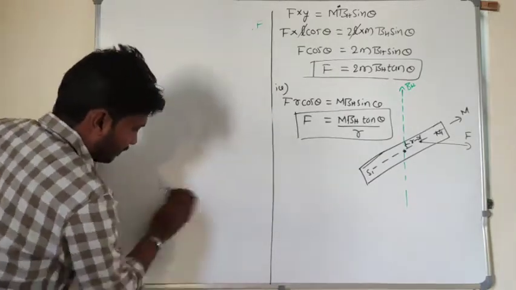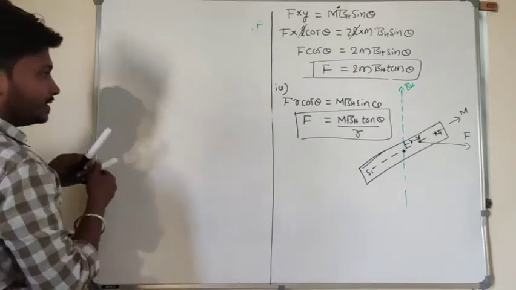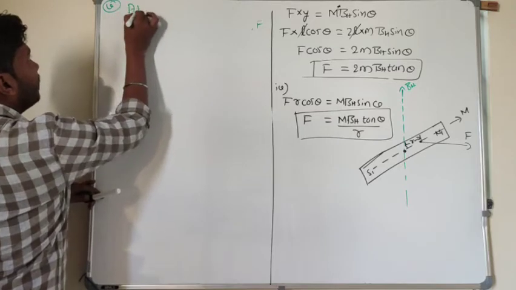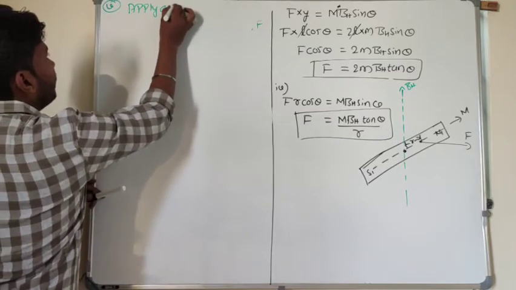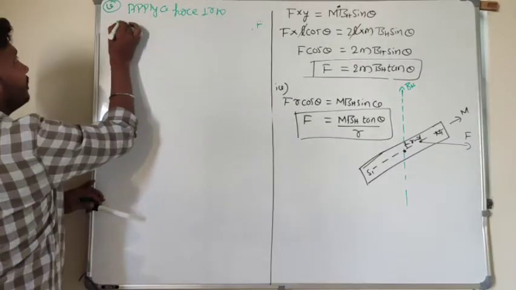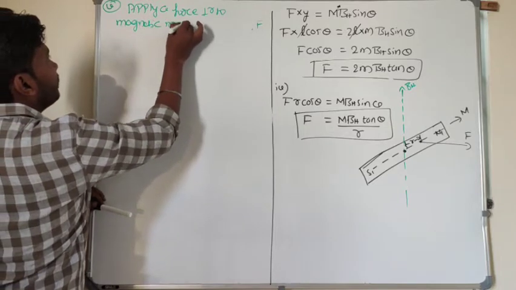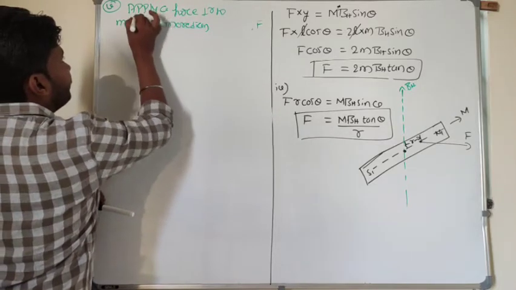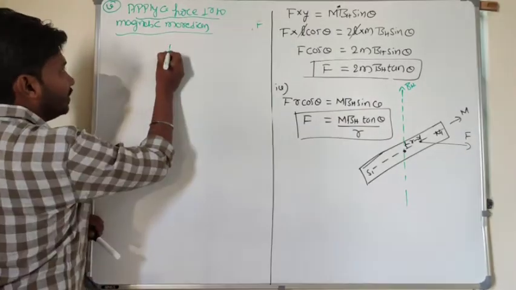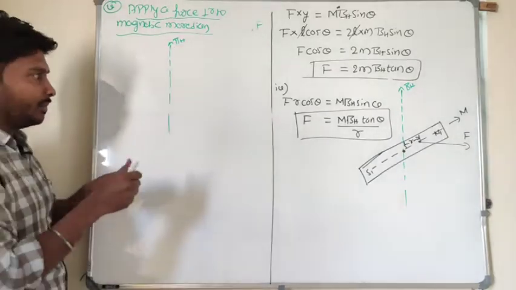Look here, if I apply the force at this angle, this is the fifth application I will consider: applying a force perpendicular to the magnetic meridian. This is the horizontal component of the earth's magnetic field.